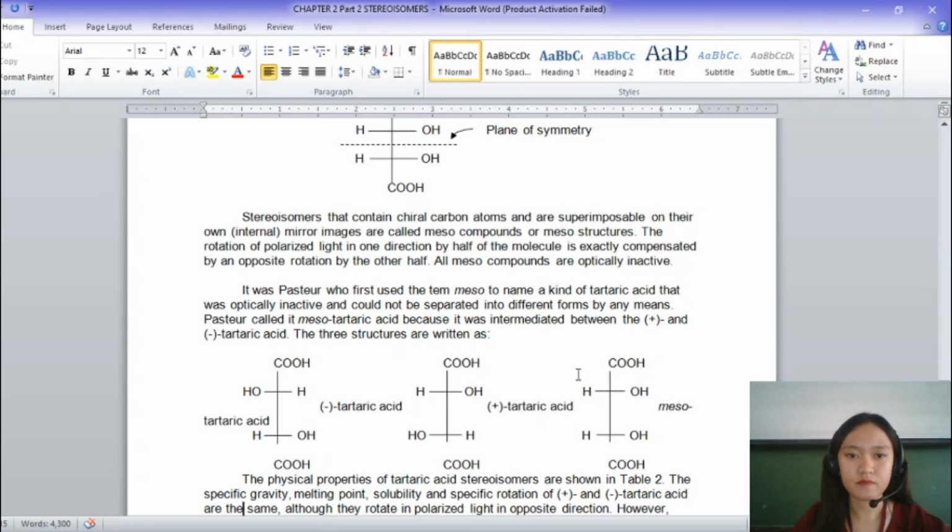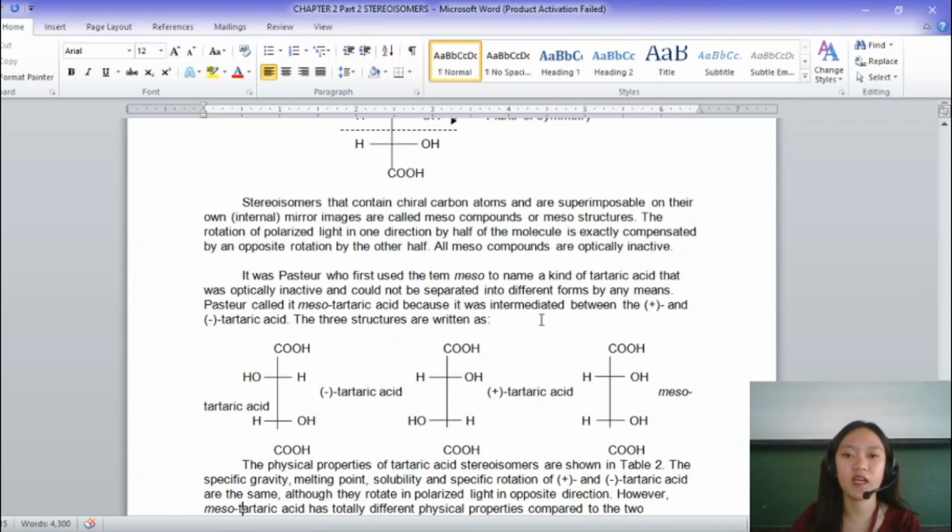Okay. So, it was Pasteur who first used the term meso to name the kind of tartaric acid that was optically inactive and could not be separated into different forms by any means. So, Pasteur called it mesotartaric acid because it was intermediate between positive and negative tartaric. So, your mesocompounds, partly positive and partly negative sila.